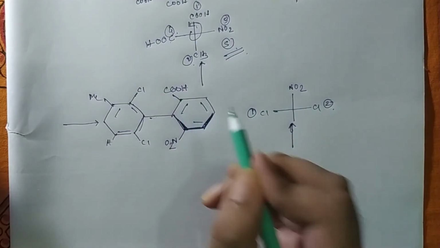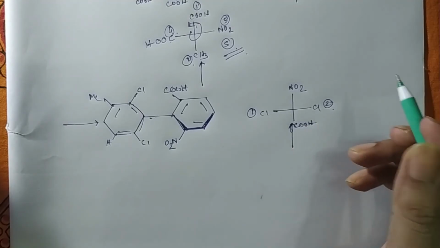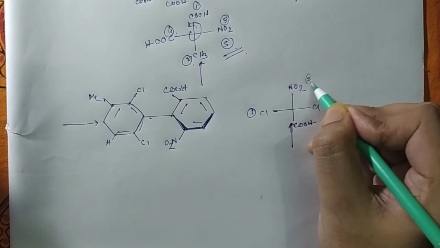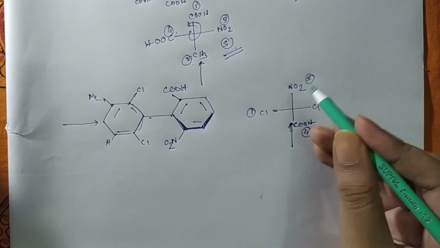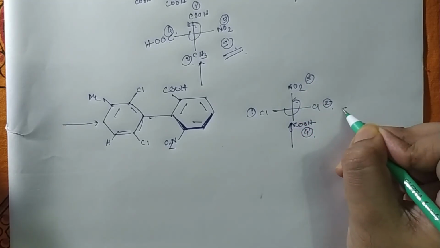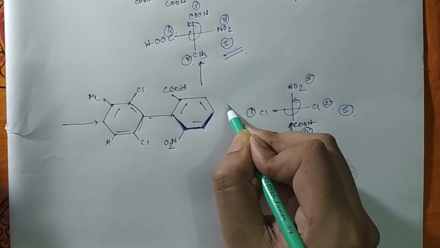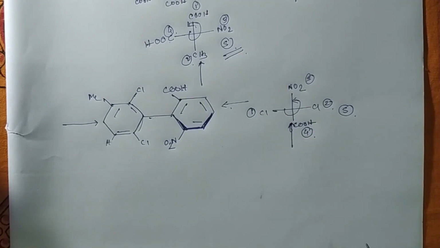This carboxyl group is down, so let's put it below. Now you know that nitro has higher priority than carboxylic acid, so this is 3, this is 4. Now we have to make 1, 2, 3. So this is again S. I have done it from the reverse side; if you see from this side, you can do it yourself.